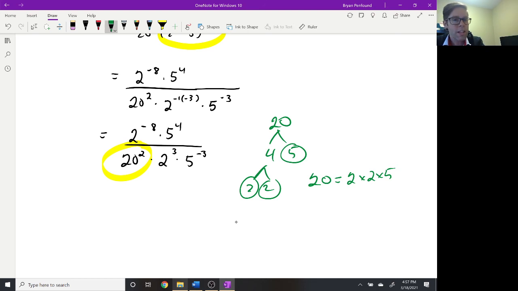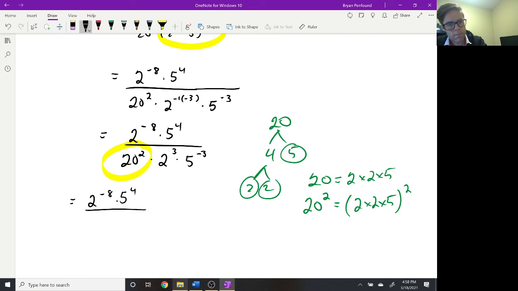Okay, so if we know that 20 is 2 times 2 times 5, then 20 squared should be 2 times 2 times 5 squared. And I keep kind of bouncing back and forth between multiplication symbols and dots. They are the same thing, by the way.